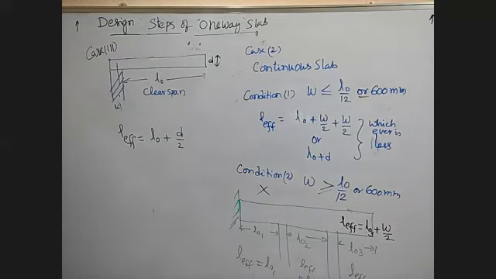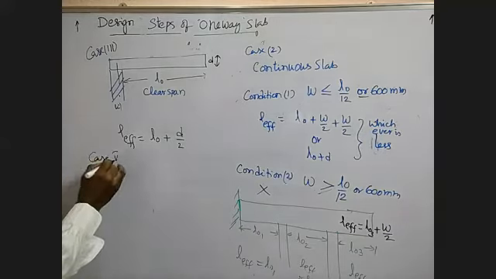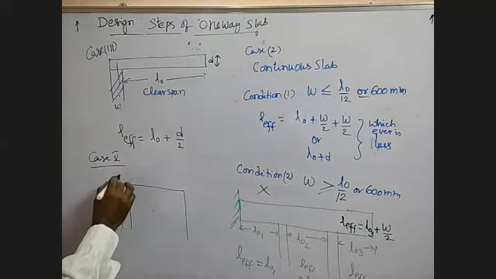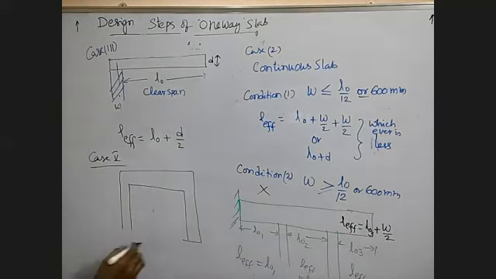Now coming to case 4, just like in the portal frame. So you take a portal frame here. Here this is a slab, and you have a column here.